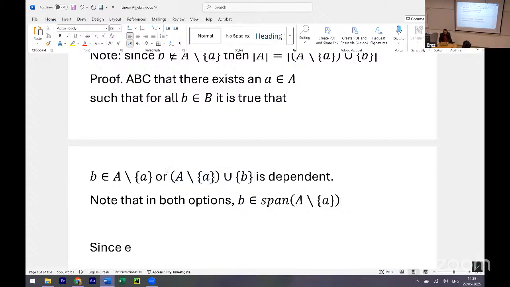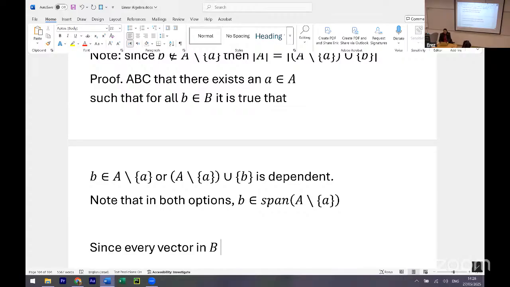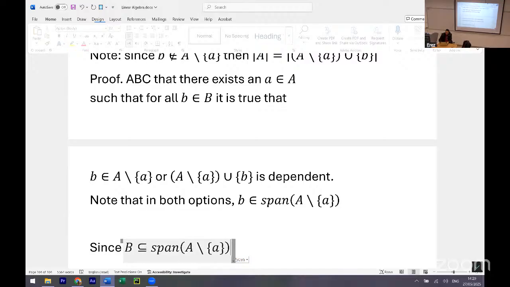Since every vector in B is contained, let me write it mathematically. Since the entire set B is contained within the span of A without A, you remember what we assumed about B? That it spans everything.